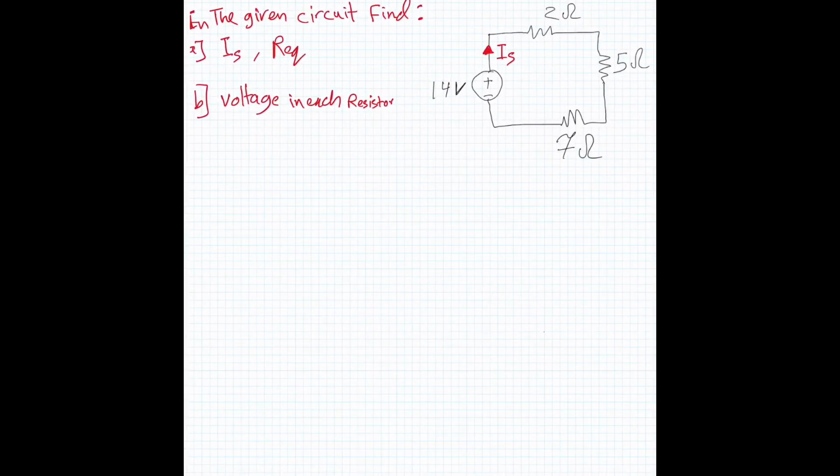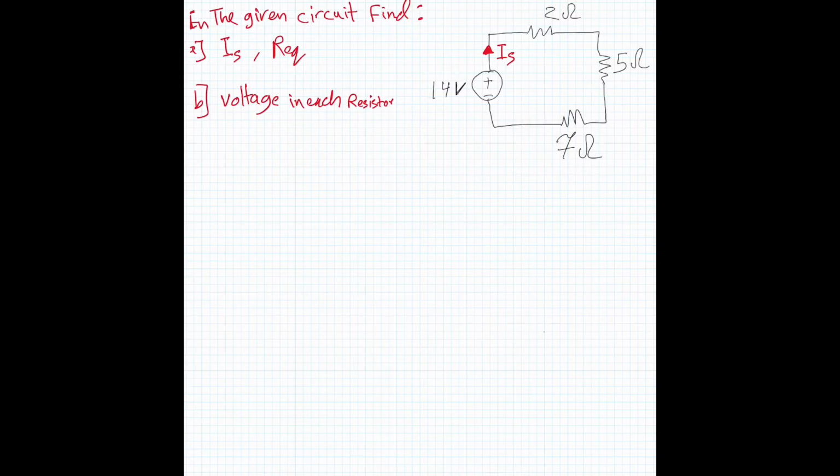So here is a practical example in a series circuit. It says: in the given circuit, A, find the IS and R equivalent, and B, find the voltage in each resistor. So we know that to have a series circuit, we have to attain the two simple rules that we mentioned earlier.